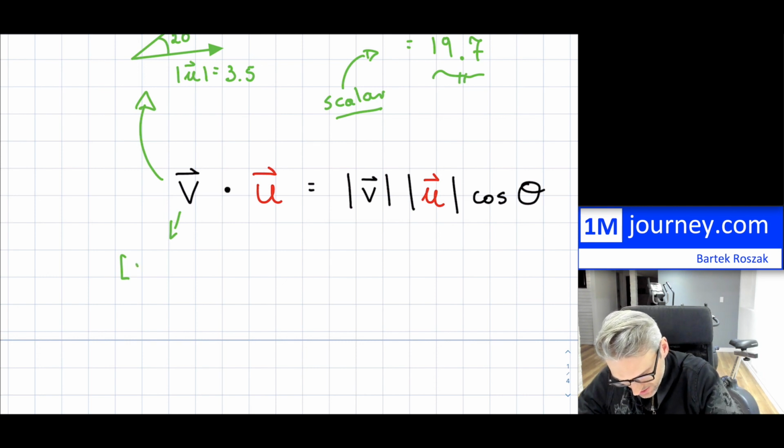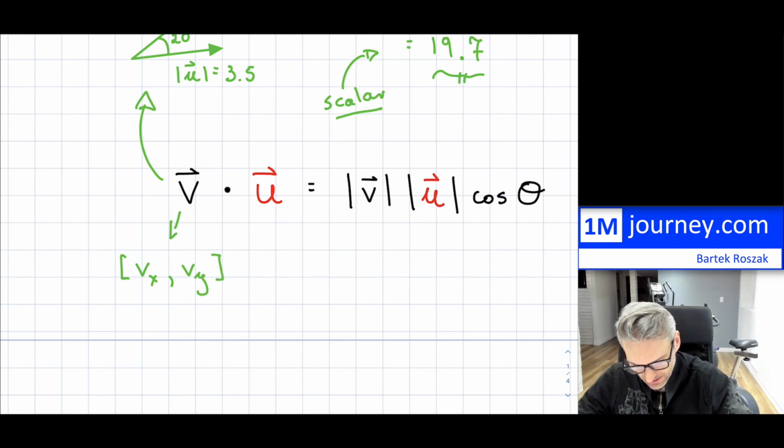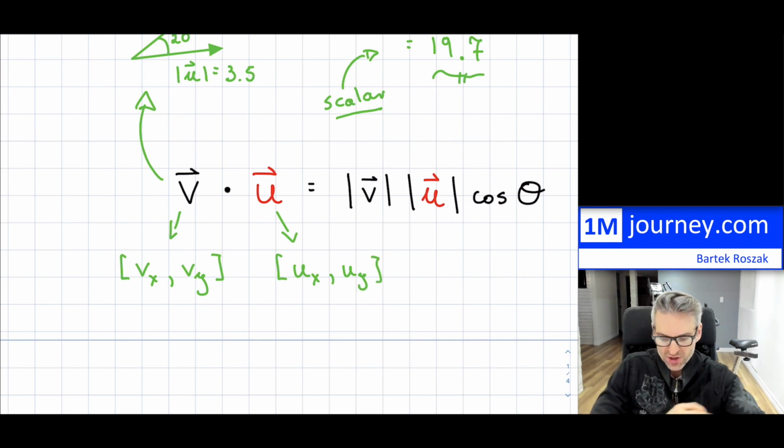Let's make this Vx and let's make this Vy. Those are the components of that vector. And then let's make this the vector Ux, comma, Uy. And that would have been its Cartesian representation.